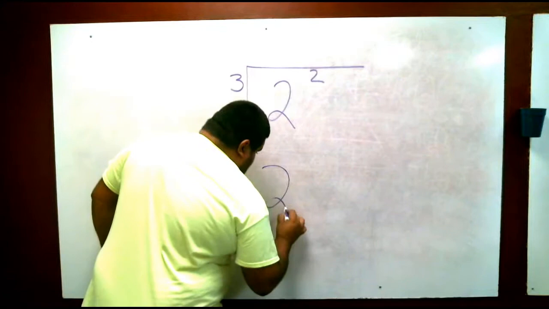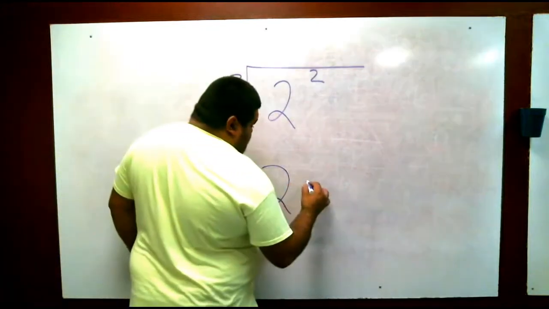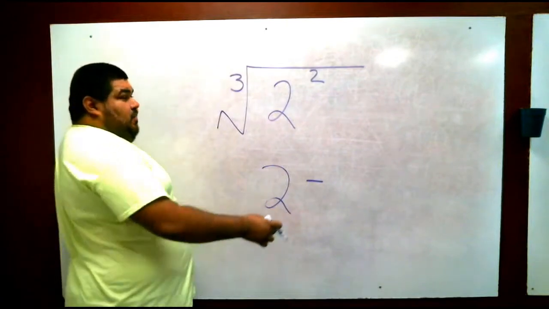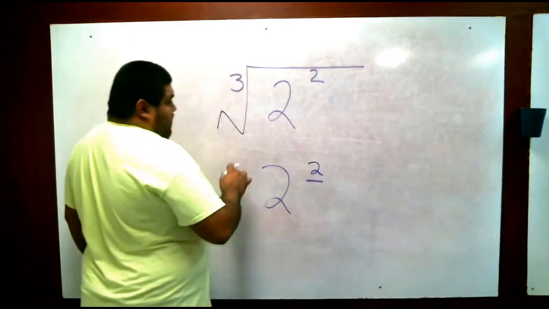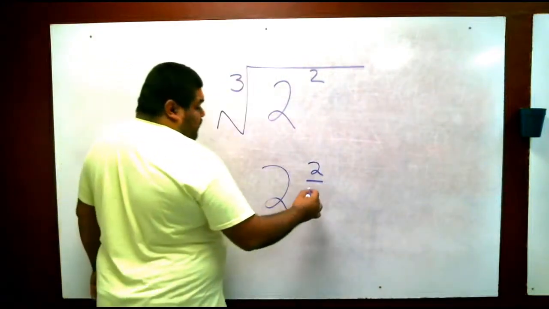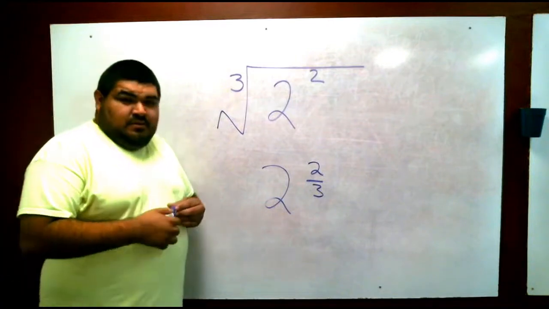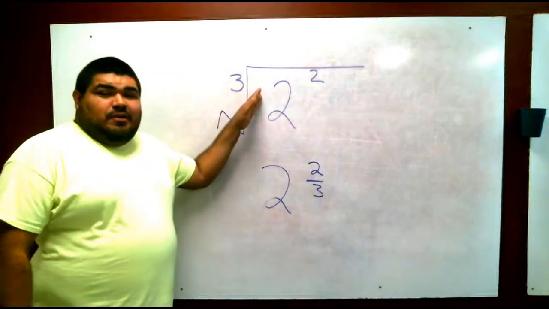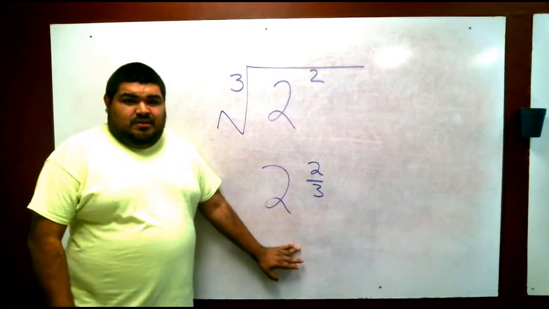So we have 2. Remember, the number on the top is the number that goes on the inside with your number, which in this case is 2. The number on the outside is your denominator, which is 3. Okay? So now we convert it from radical form into a mixed fraction. Okay?